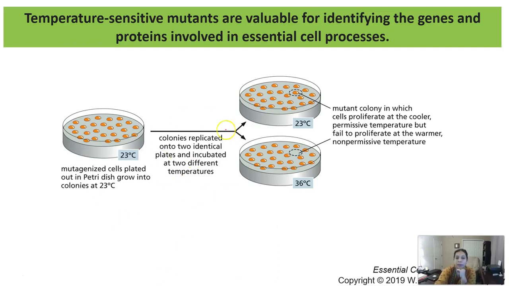So here you have the mutagenized cells plated out in a petri dish, grown at room temperature.